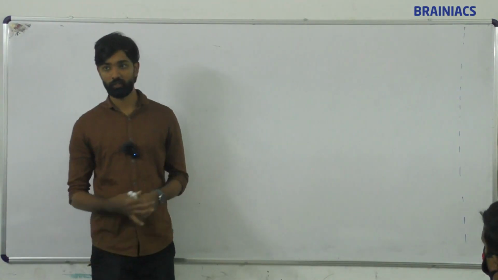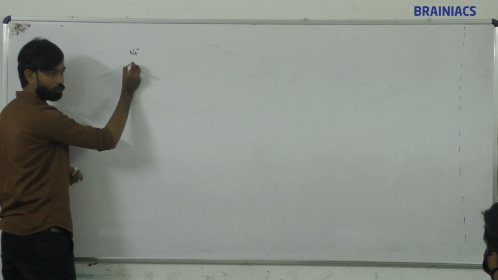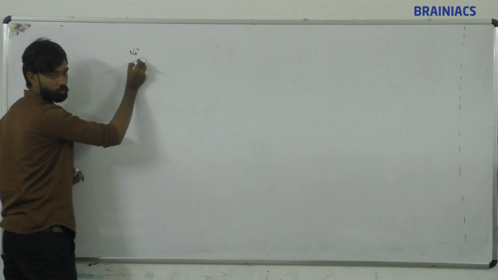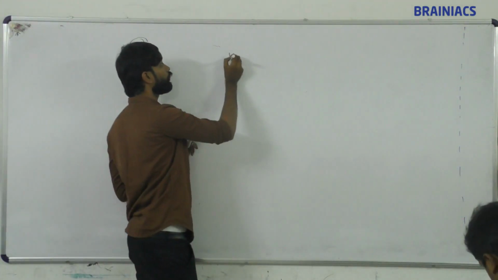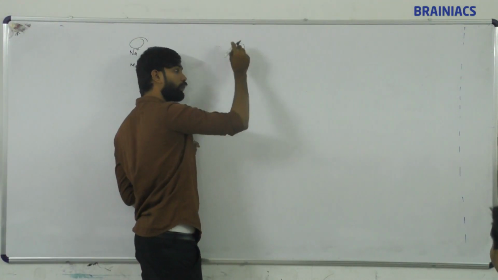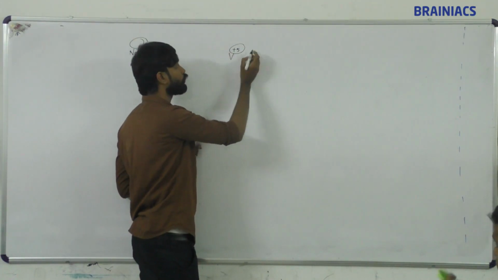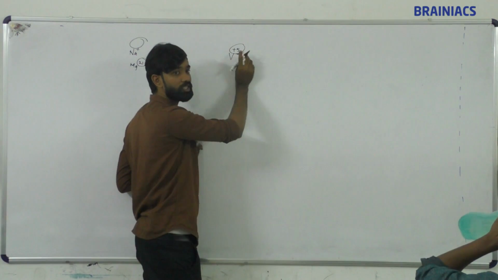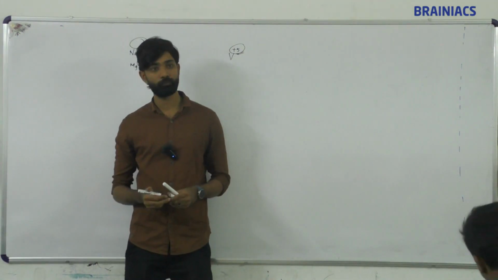High charge density. We know that s block metals can only exist as either +1 or +2, so the charge density is relatively much lower. But a d block element can form as many oxidation states as possible. So ionic charge is relatively higher, but the size is relatively smaller.